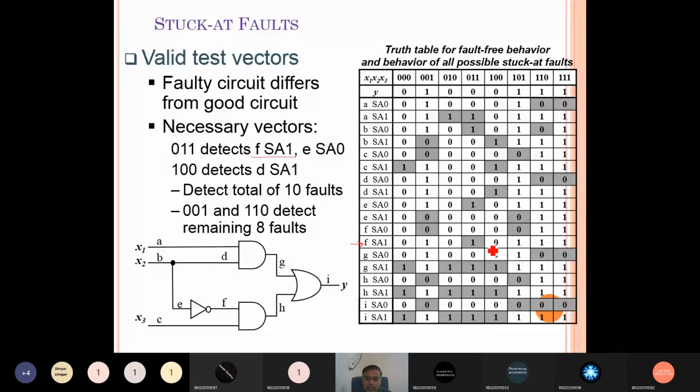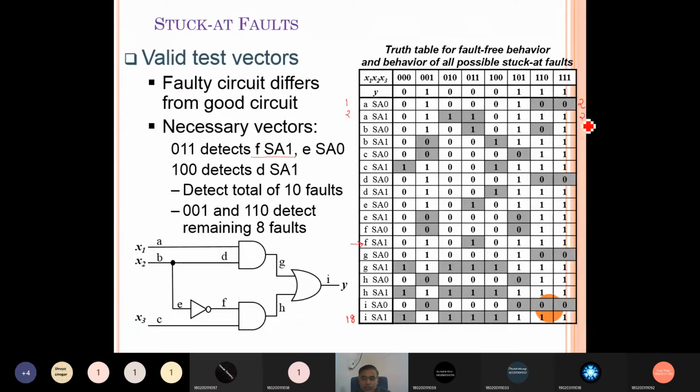Similarly here also, out of these 18 faults, 1, 2 up to 18, we have to see the row in which, for minimum combinations, the fault-free and faulty outputs are different. In this there are two combinations for which the fault-free and faulty output are different.